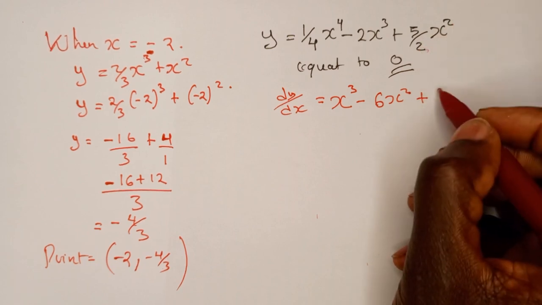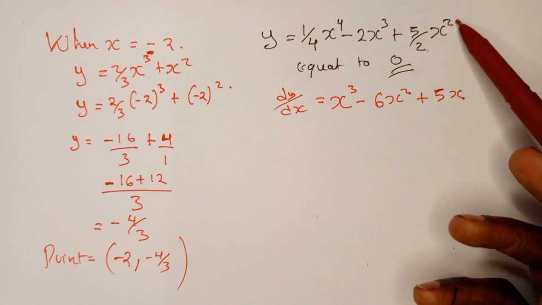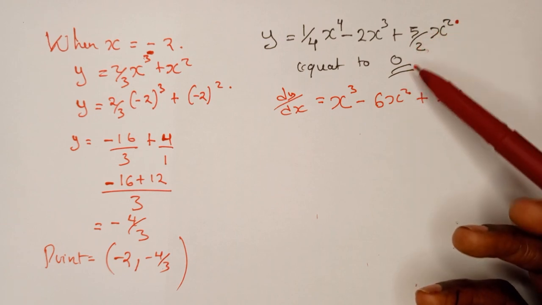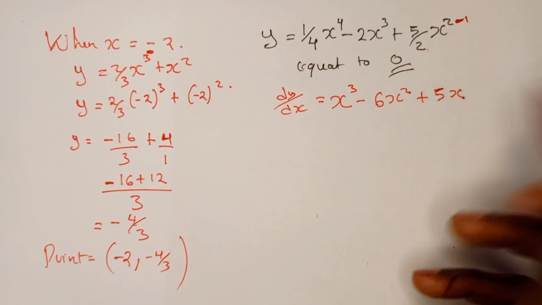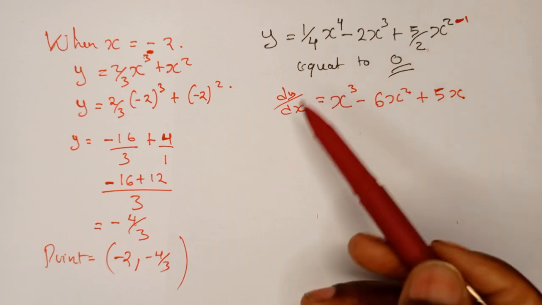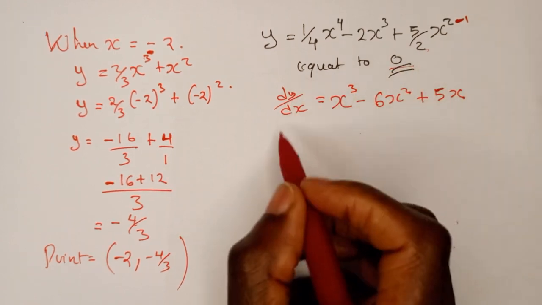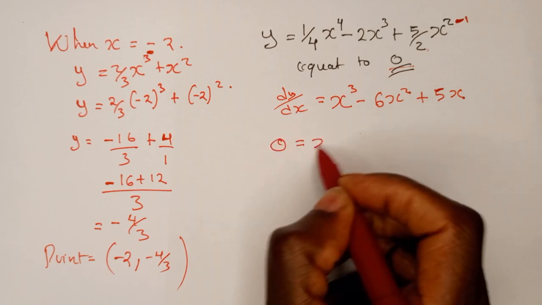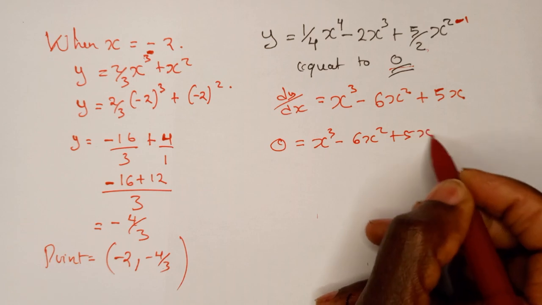That will be 5x, because the 2 cancels 2, we remain with 5, then you minus 1 from this power, you remain with 1. So this is our gradient function, but you have been told dy dx is 0. So where there is dy dx, we equate with 0. So 0 will be equal to x cubed minus 6x squared plus 5x.